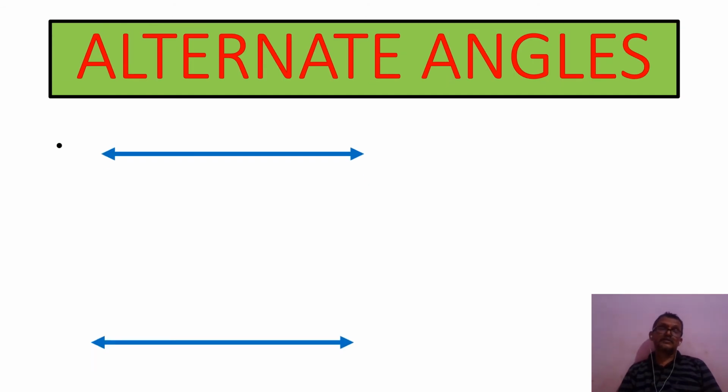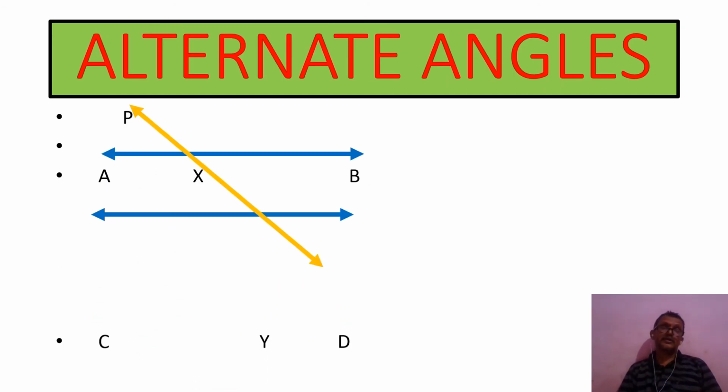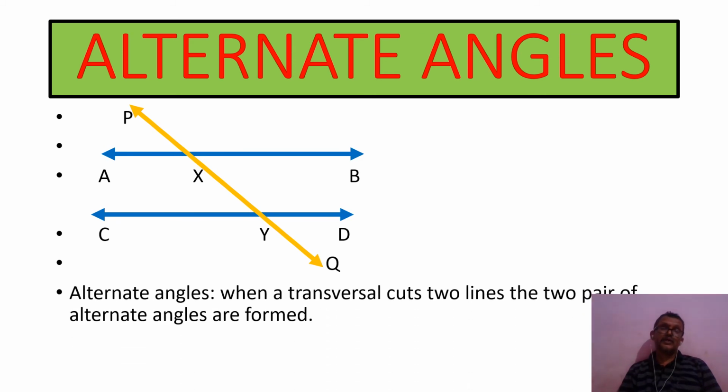Now alternate angles. See here this figure. AB and CD are two lines which are cut by a transversal PQ at X and Y. Then two pairs of alternate angles are formed. This is a Z-like angle or opposite Z. See here, angle BXY and angle XYC.